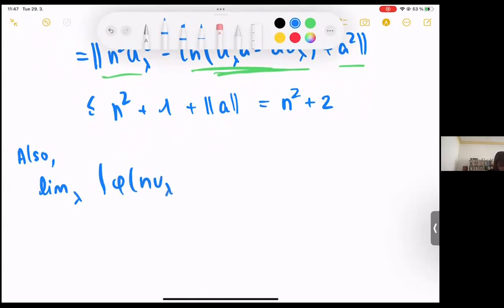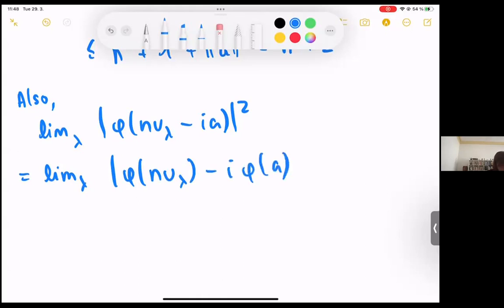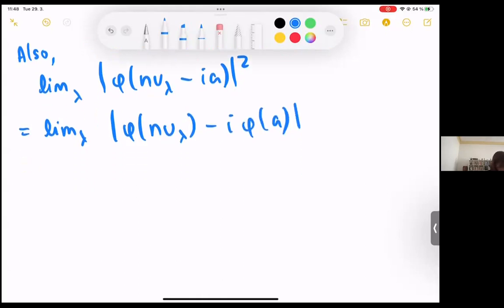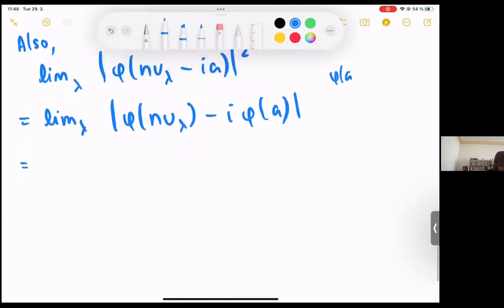Okay, now let's look at what's happening when we're applying our functional here. So it's linear. That's an obvious line there. And now remember that phi of a was equal to alpha plus i beta.